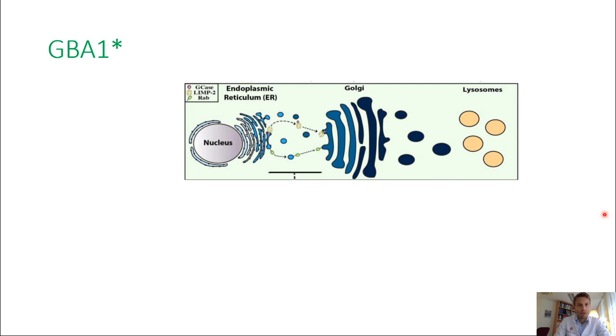So GBA1 is particularly interesting because it might lead to a clue in prevention or treatment of progression of PD, because this is a gene that's used in a lot of places within the cell to maintain cell stability.